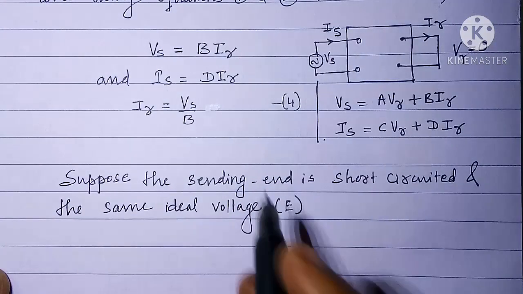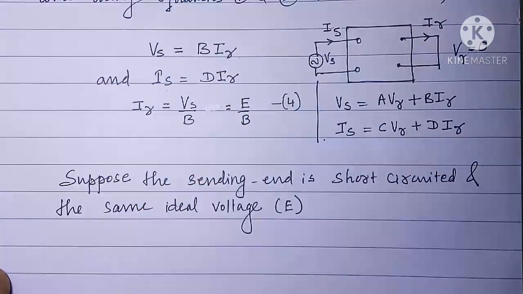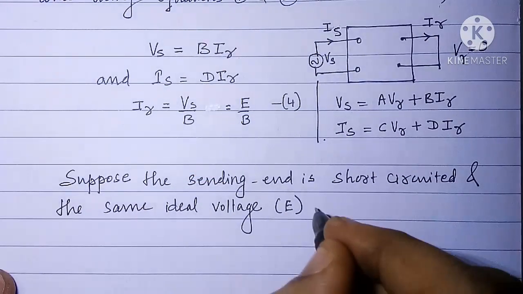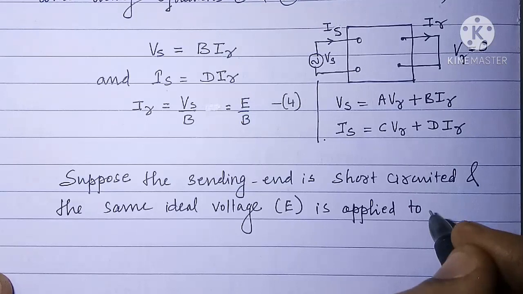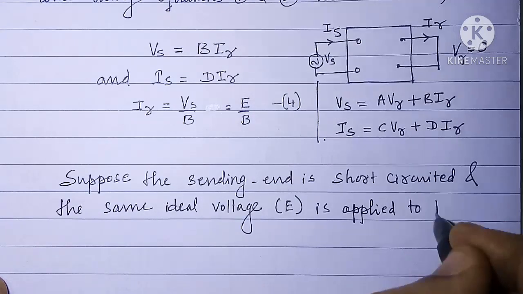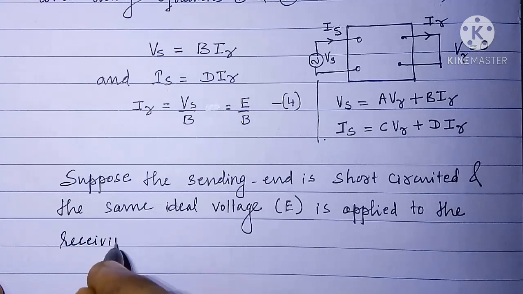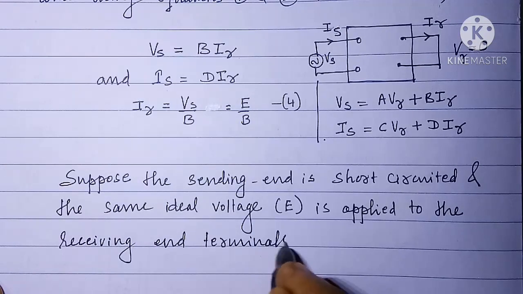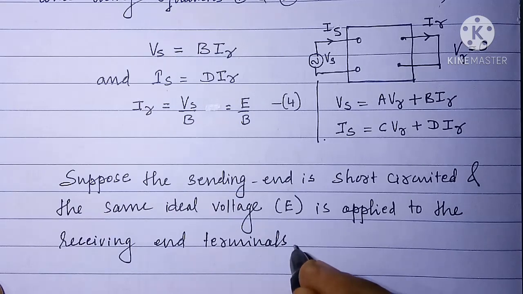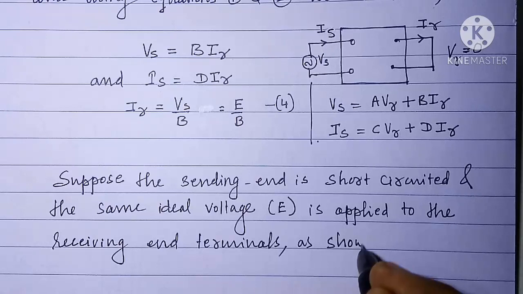If Vs equal to E, I can write here E upon P is applied to the receiving end terminals, as shown in figure below.